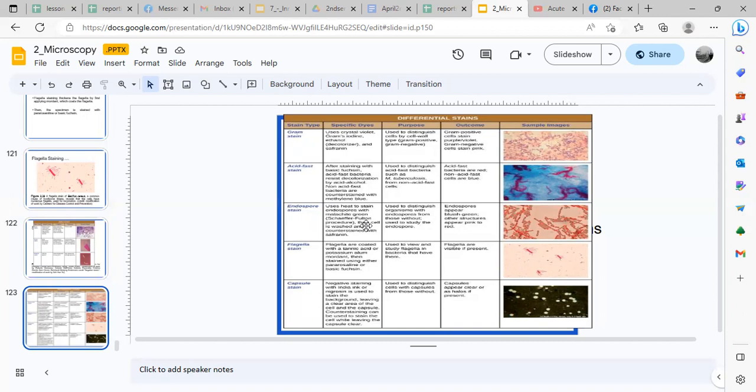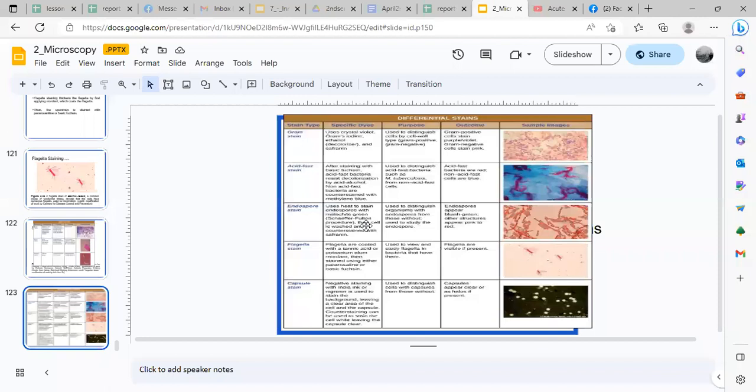So acid-fast bacteria are red, and non-acid-fast cells are blue. Yung endospores, you use heat to stain the endospores, so the technique is Schaefer-Fulton. So you use malachite green. It is used to distinguish organisms with endospores from those without.